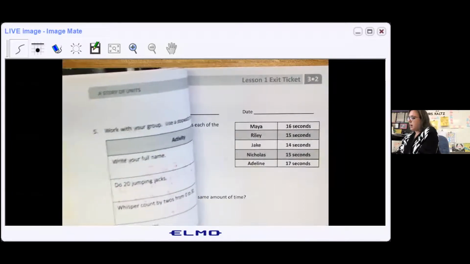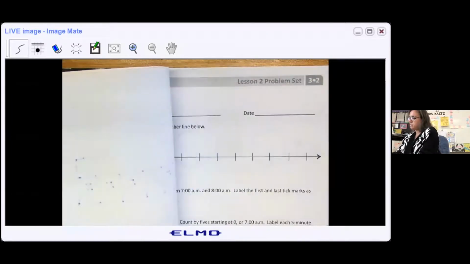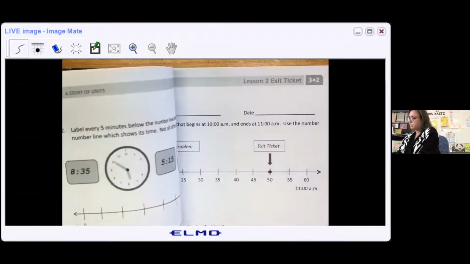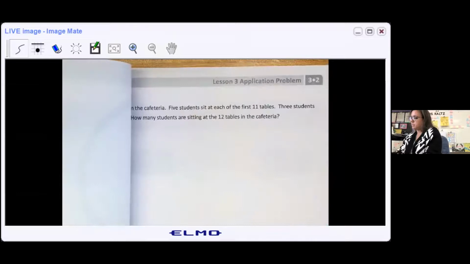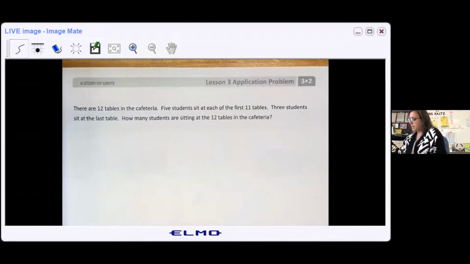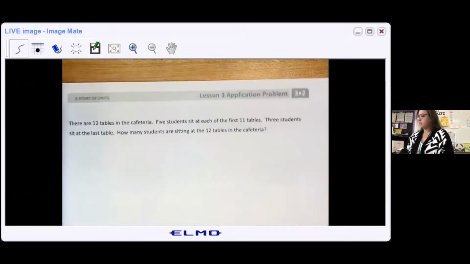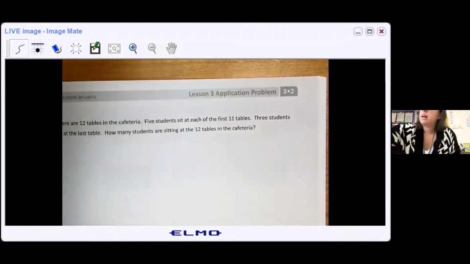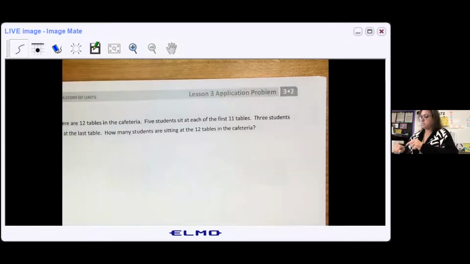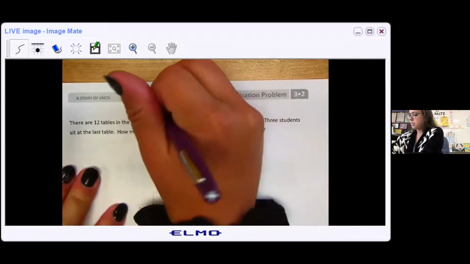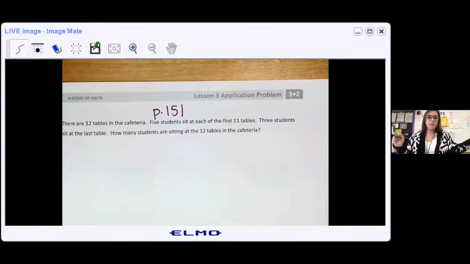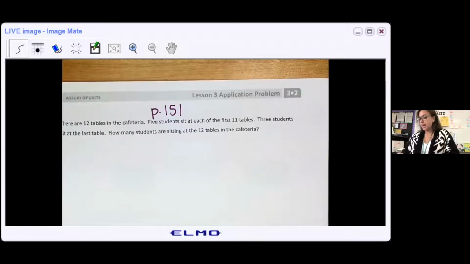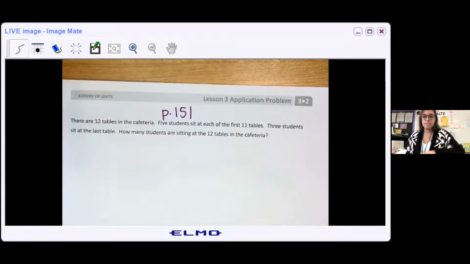And we are on page 151. Page 151 in our Learn book. I'm going to read it to you. I want you to pause, and then we're going to go over the answer.